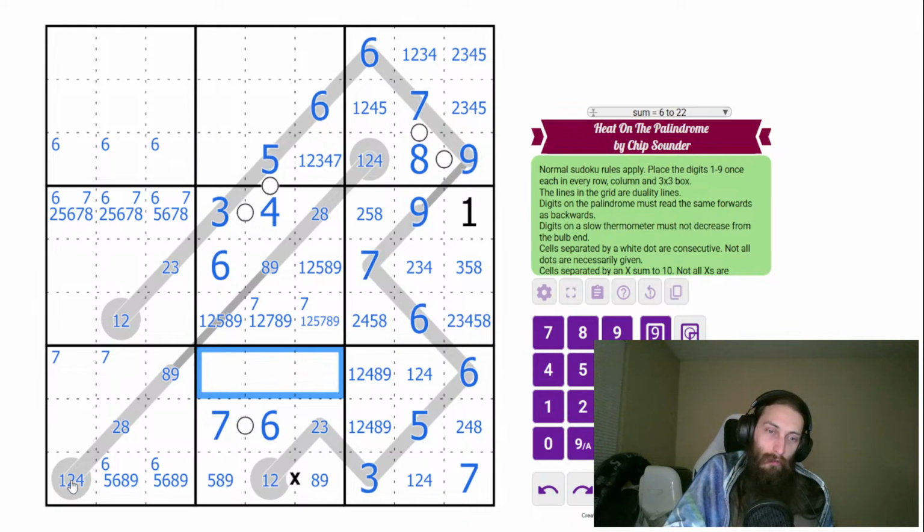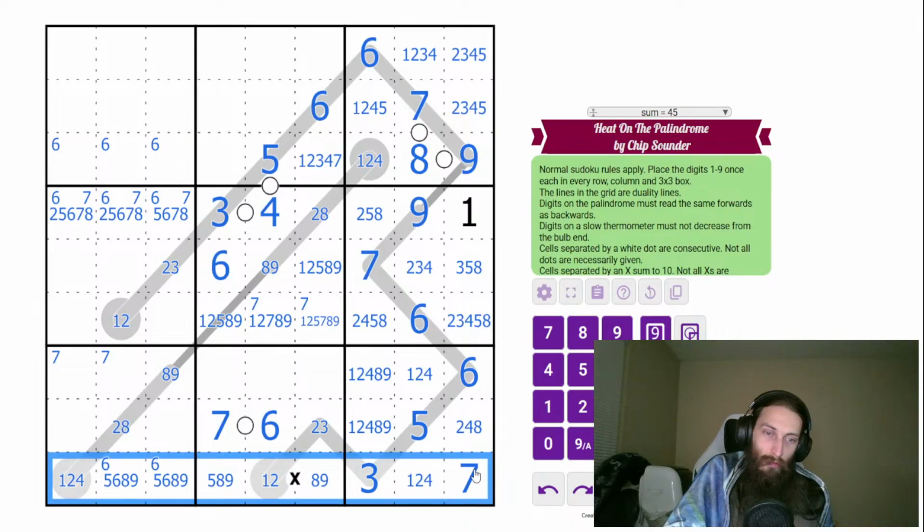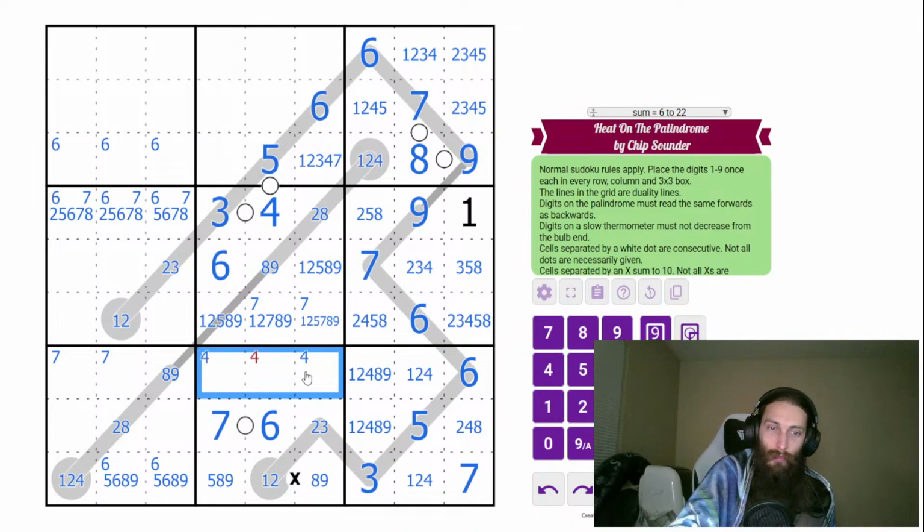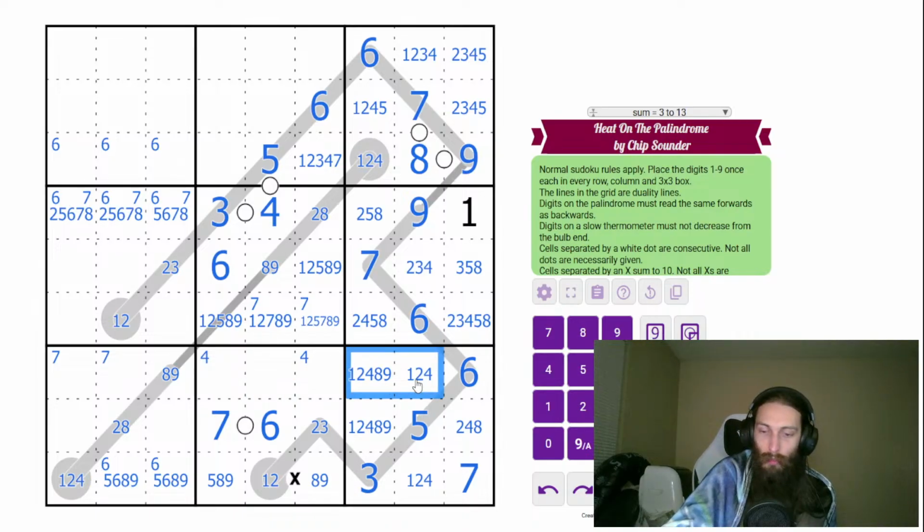Okay, well, because 4 has to be one of these two, where is it in this box? It has to be along the top, because it's not here. So these two cannot be 4.